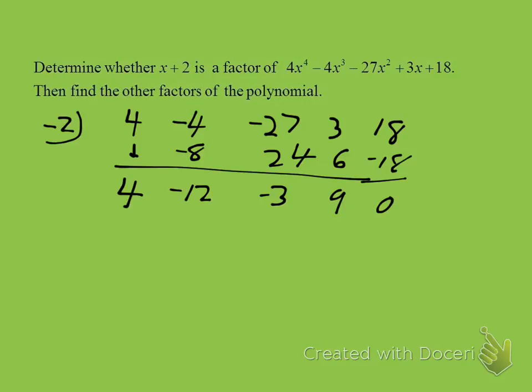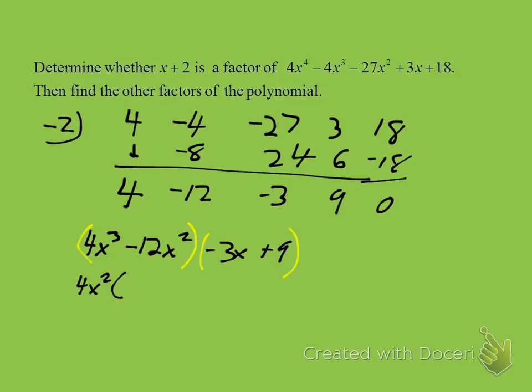Which gives you the depressed polynomial of 4x to the third minus 12x squared minus 3x plus 9, right? Grouping. So what's the first group? What's the second group? Okay. GCF out of the first group is going to be what? 4x squared, good.